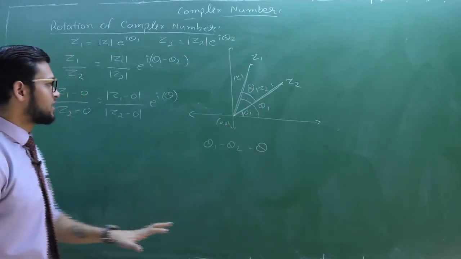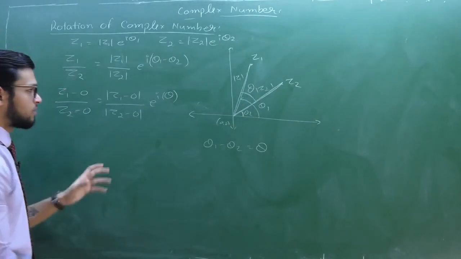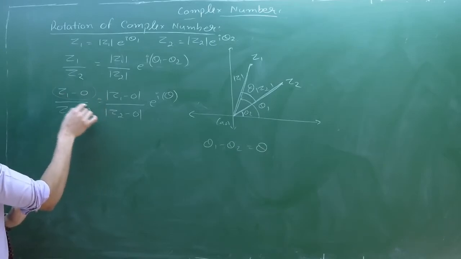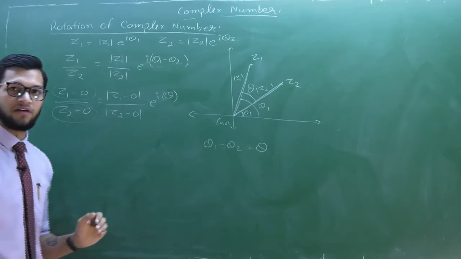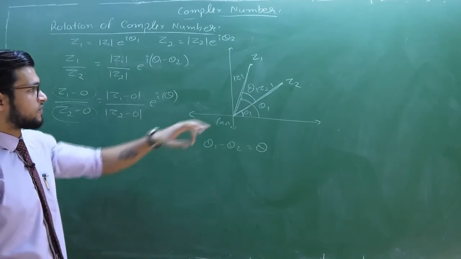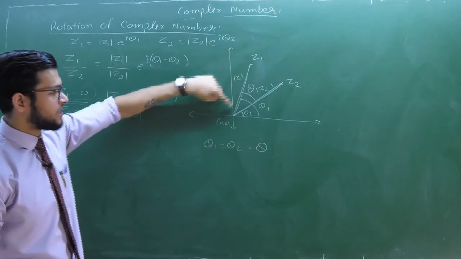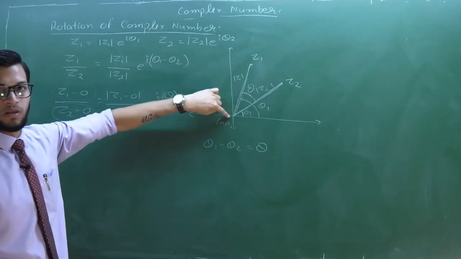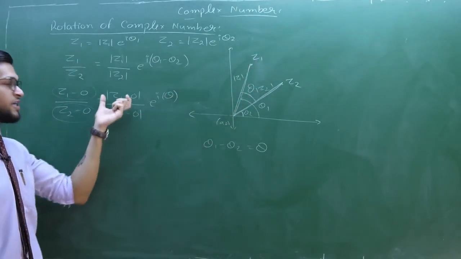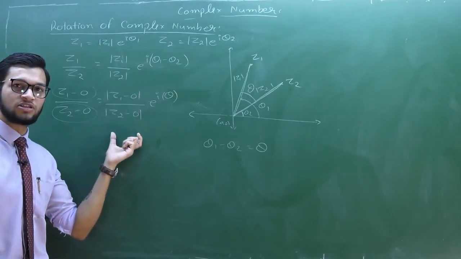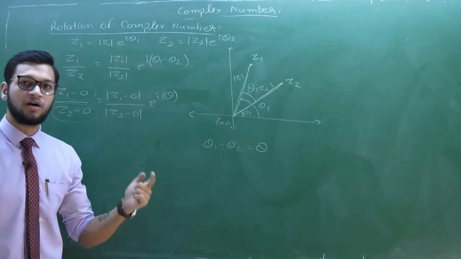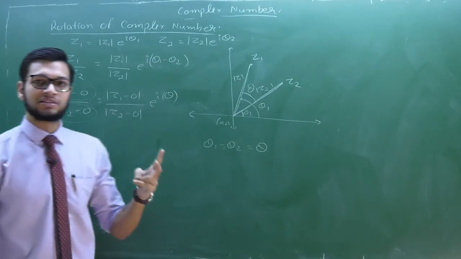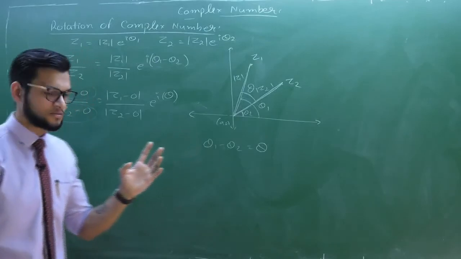So we just need to remember this formula in this manner only. We have final upon initial. The final is Z1 minus 0 and the initial is Z2 minus 0, which is always equal to magnitude of final upon magnitude of initial and e to the power iota theta, where theta is the angle in anti-clockwise direction, or you can say the angle between Z1 and Z2 in anti-clockwise direction.